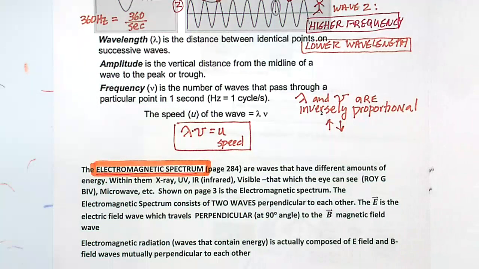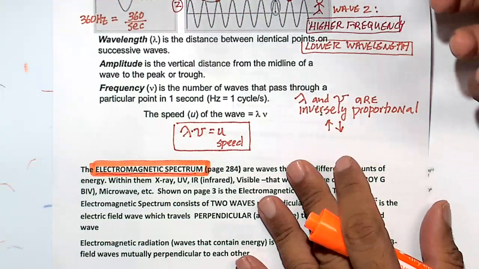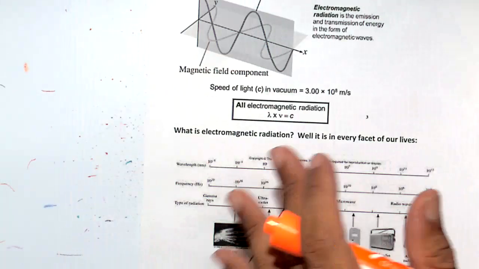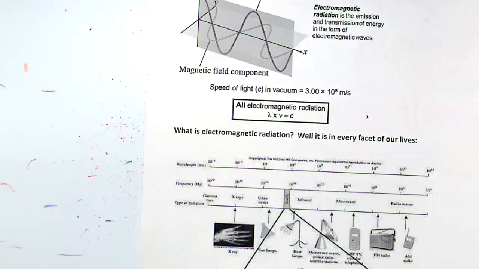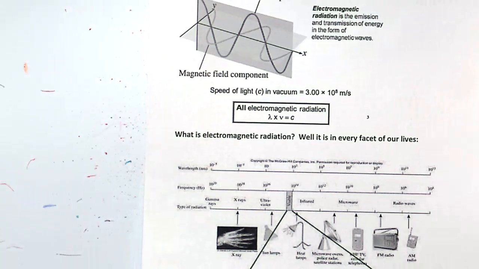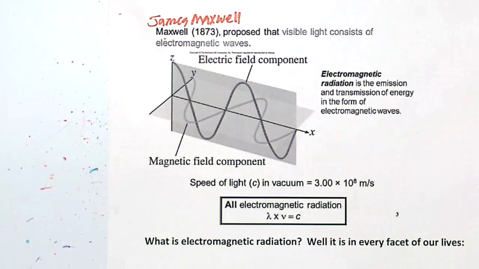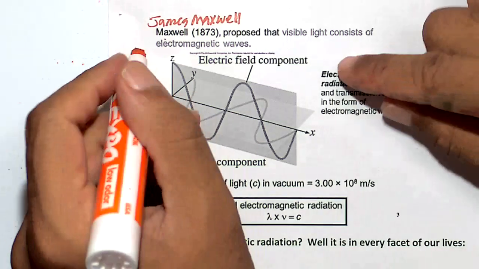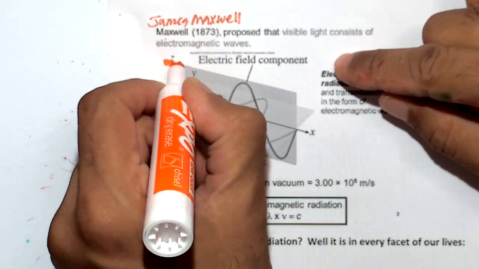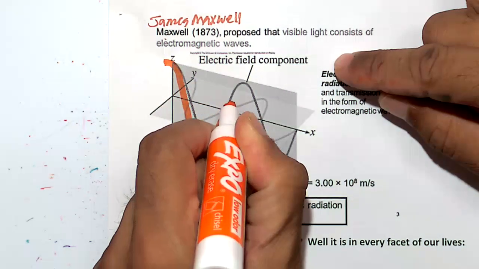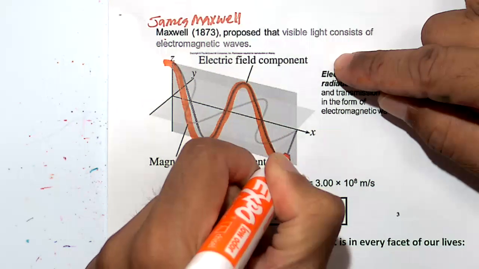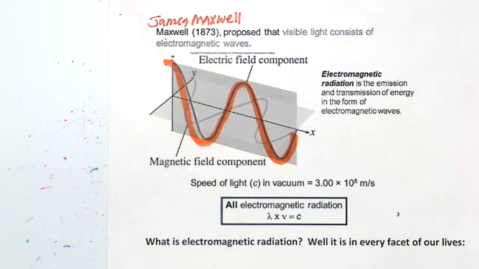First, a couple of important points on the electromagnetic spectrum. A lot of people miss this on exams, so I want to try to hopefully be successful this semester. The most important point one: the electromagnetic spectrum is actually two waves traveling perpendicularly to each other. One wave is the electric field wave.